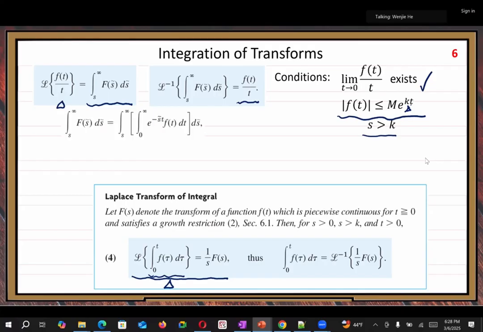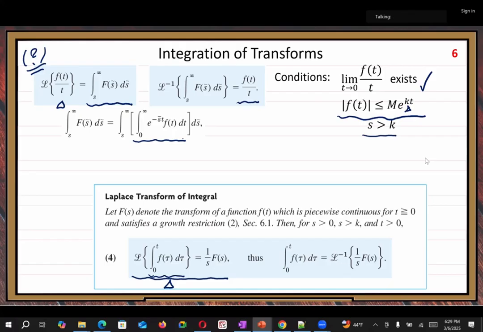Here is the proof, because you may ask how to see this formula. We calculate this integral using the definition of the Laplace transform, with S tilde.